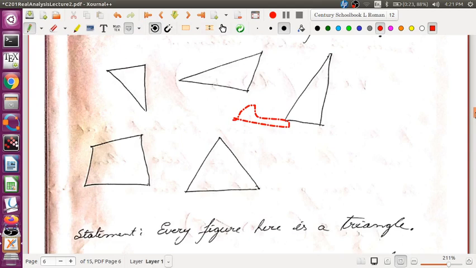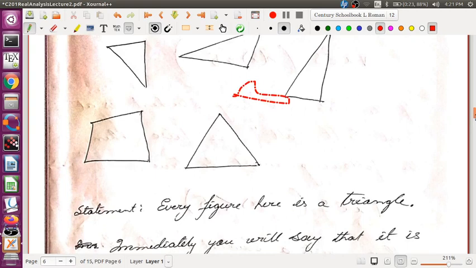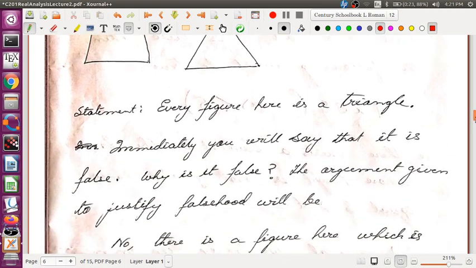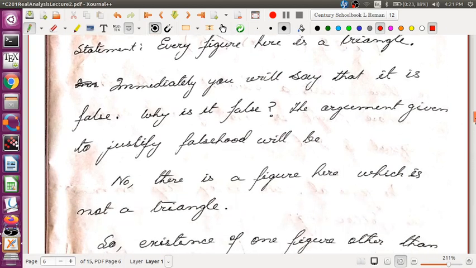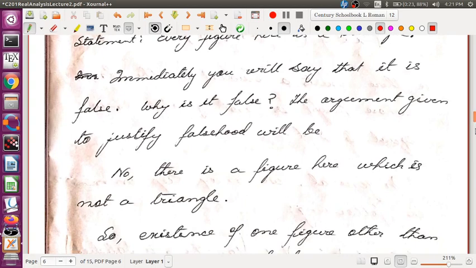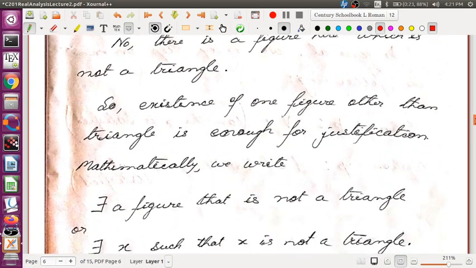Every figure here is a triangle is false, because at least one figure is there which is not a triangle. Immediately you will say that it is false. Why is it false? The argument given to justify falsehood will be: there is a figure here which is not a triangle. The existence of one figure other than a triangle is enough for justification.